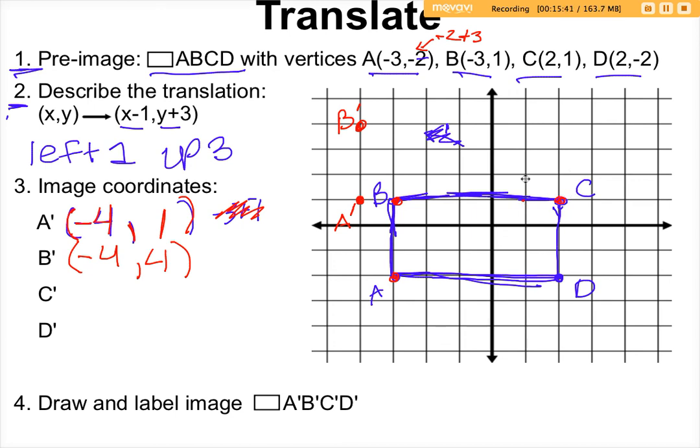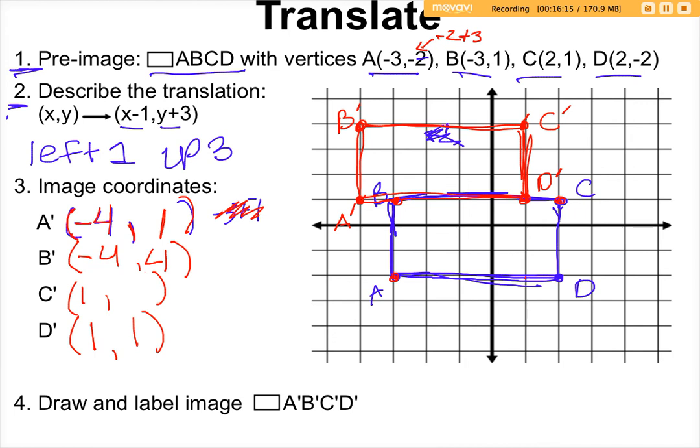I'm going to go left 1 and up 1, 2, 3 and get my image of C. D, I'm going to move left 1 and up 1, 2, 3, my image of D. There's my new rectangle. And my ordered pairs for C should be 1, 4, and my new D is 1, 1.